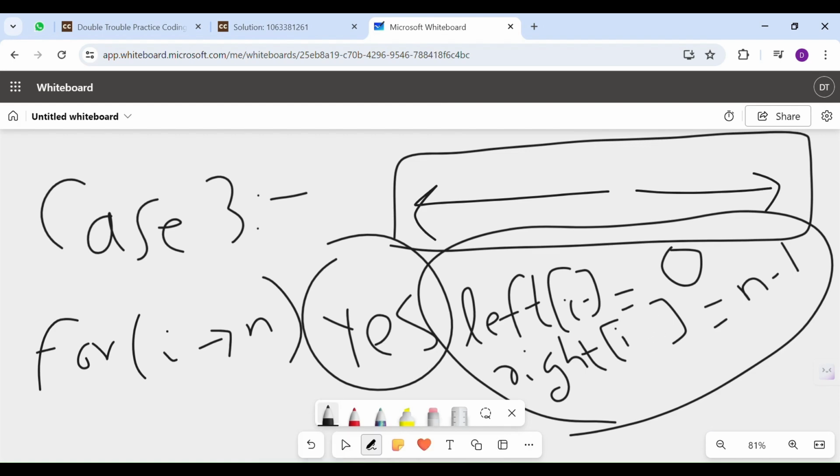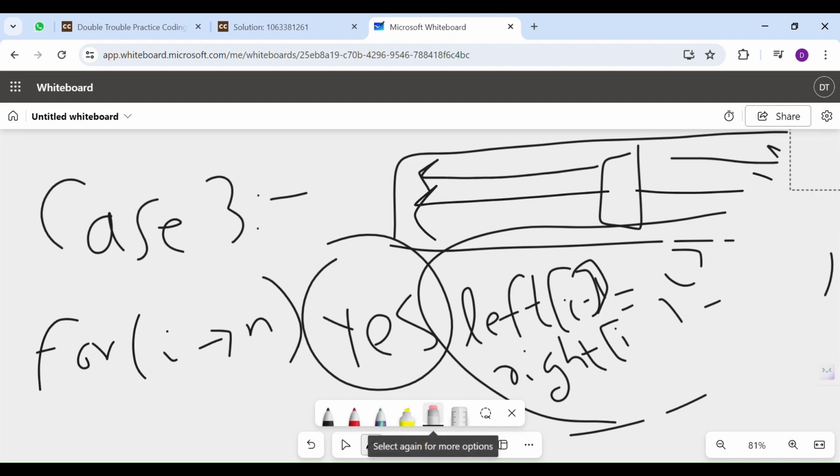But the thinking is the same: from your ith place you go one left and the next ball goes right, and you need to check for every I whether there is at least one ball present from where I can do this.